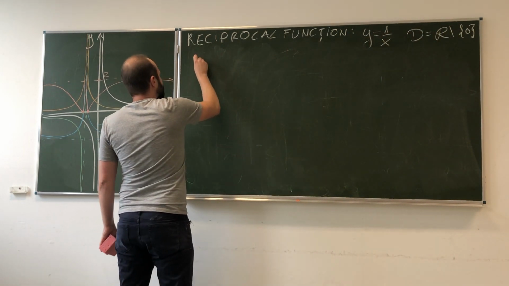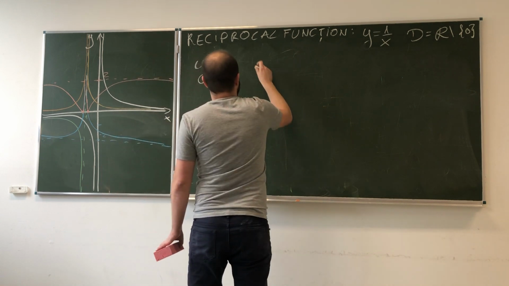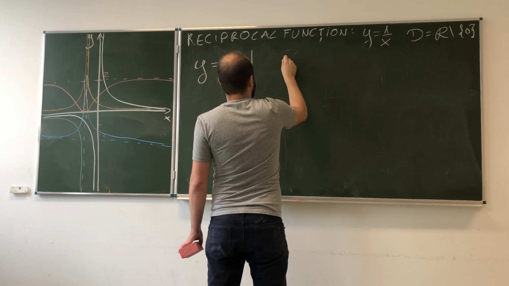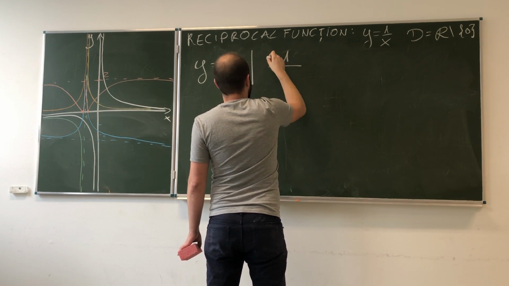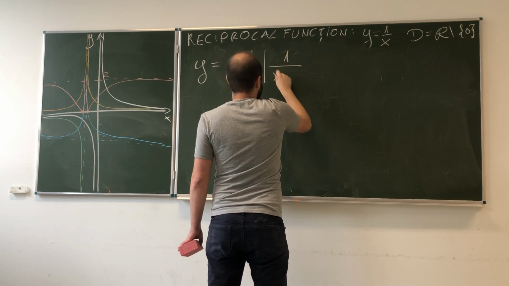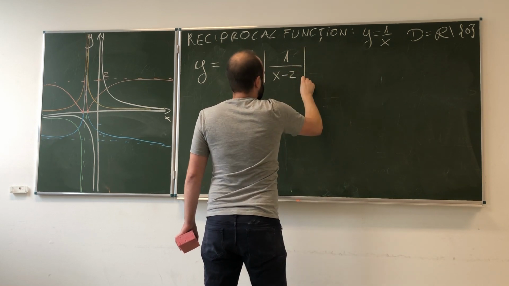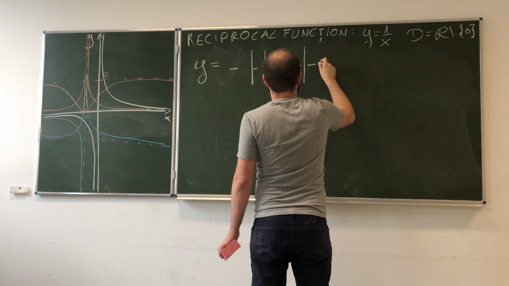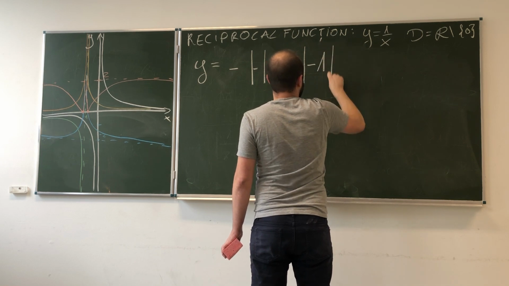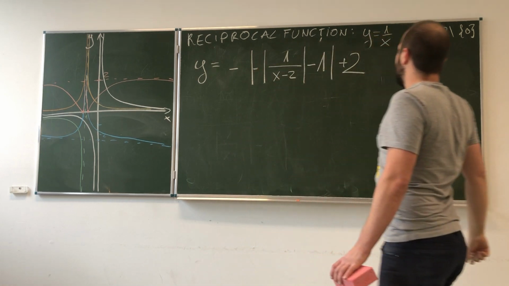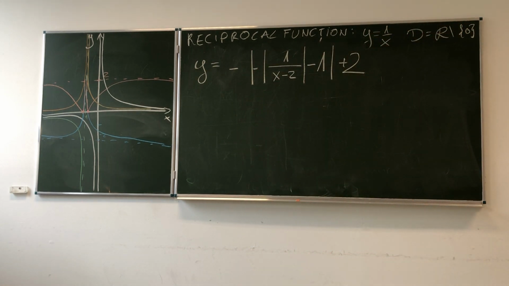Okay, so now let's say that the function we got is negative absolute value of 1 over negative x minus 2, minus 1, plus 2.